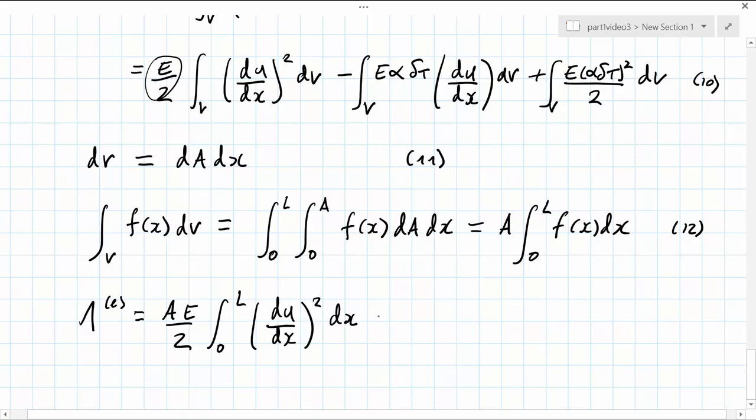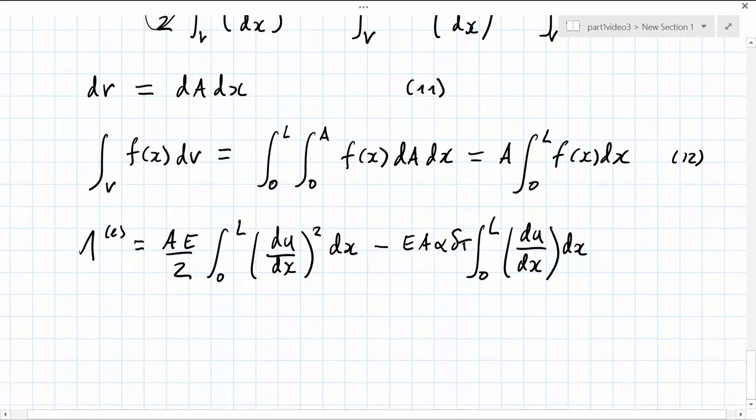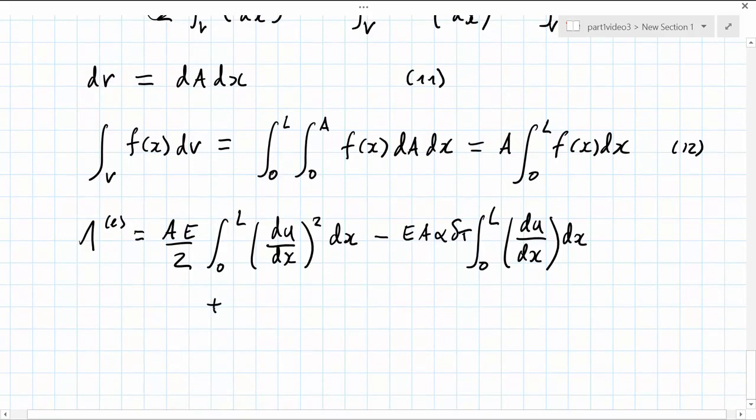We can do the same procedure with the next term, where instead of the volume integral, we now have E times the area times alpha times the temperature change. And this time we're integrating over the length, and we're doing this with respect to dx. The final term is manipulated in the same way.